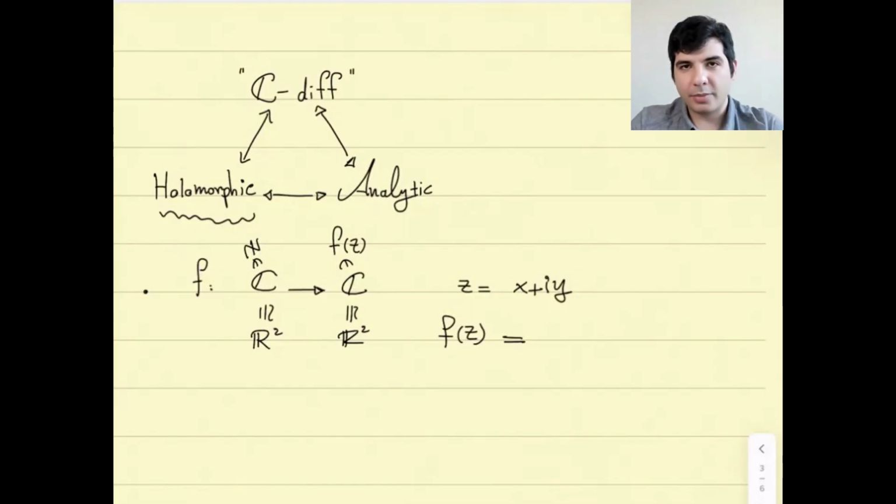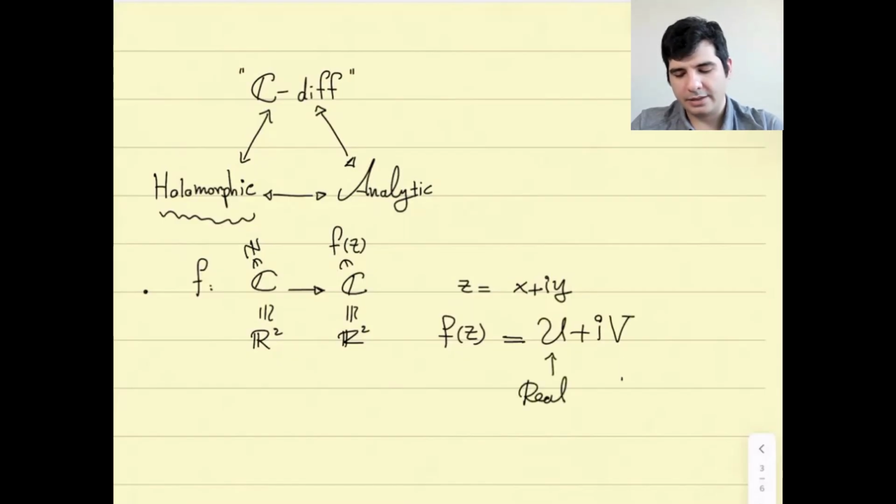So it also has a real part plus i times an imaginary part. So I can write it as u plus iv, where u is the real part of f, and v is the imaginary part of f.